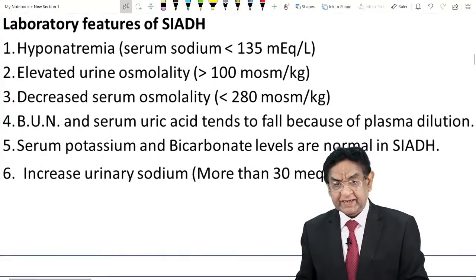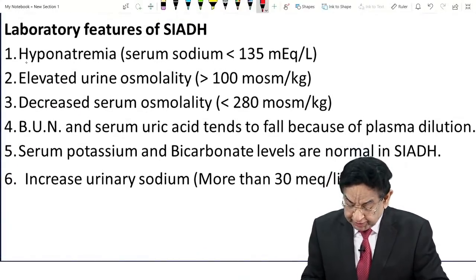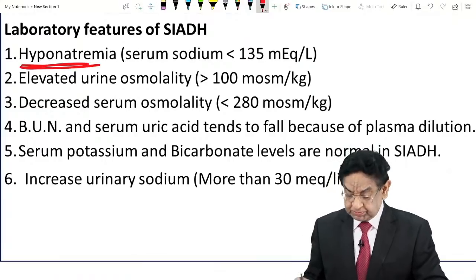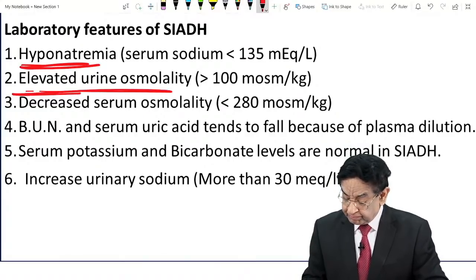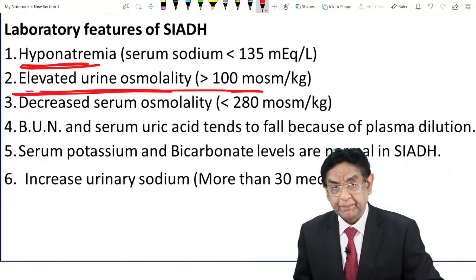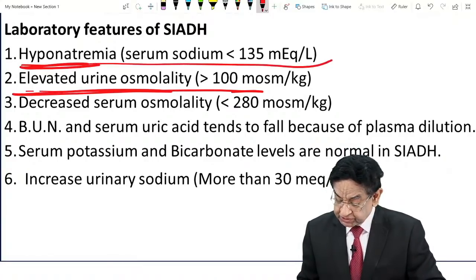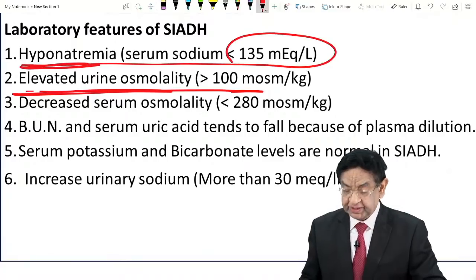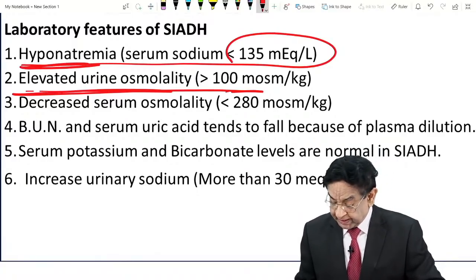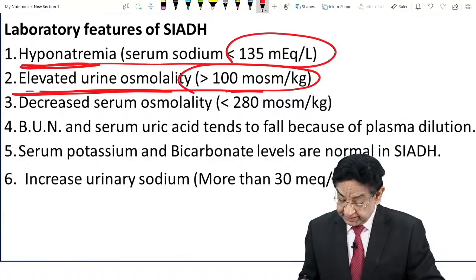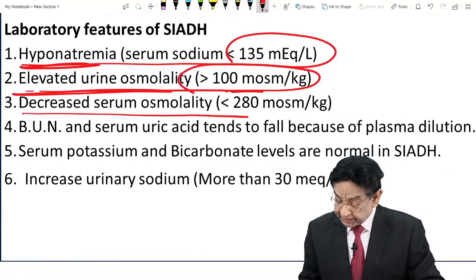So the lab findings that we get in SIADH: what happened to sodium? Hyponatremia. Agreed? Urine osmolality is increased, more than 100. Remember, hyponatremia means sodium less than 135. Urine osmolality more than 100 milliosmol per liter. Point to be noted. Decreased serum osmolality, less than 280.